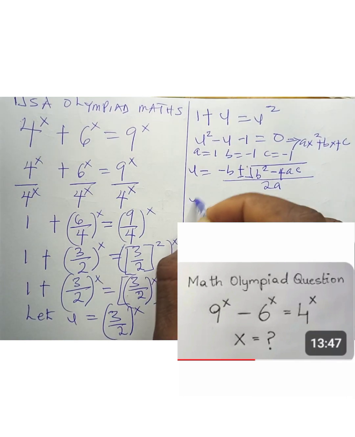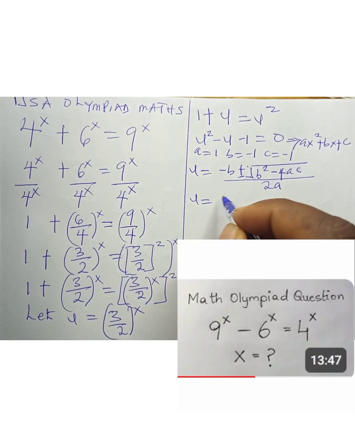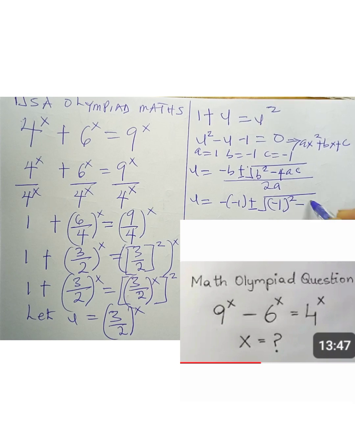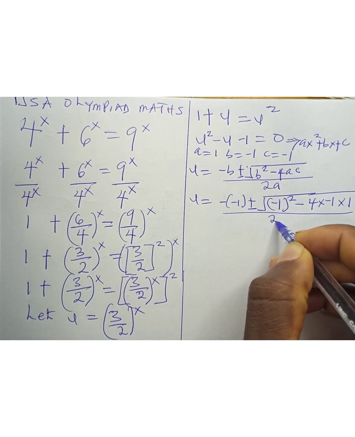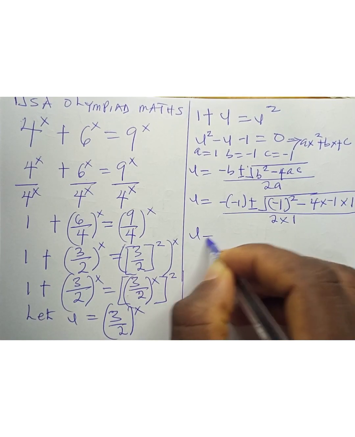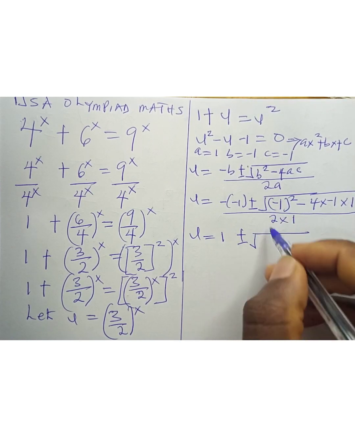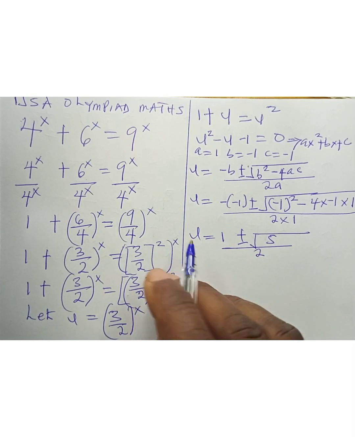The value of u becomes minus open bracket minus 1, plus or minus square root of minus 1 squared minus 4 times 1 times minus 1, divided by 2 times 1, where 2 times a is 2. If you simplify everything here, we are going to have 1 plus or minus square root of 5 divided by 2. So that is what u is.